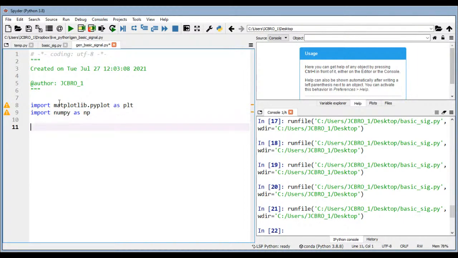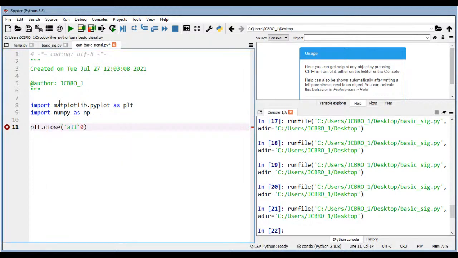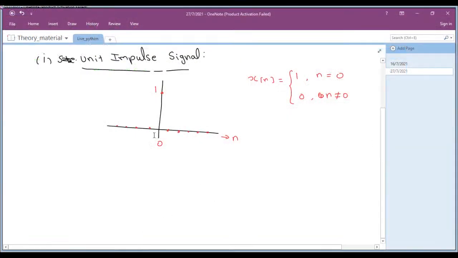As we did earlier, first of all we'll close all the plots which have been opened, so plt.close.